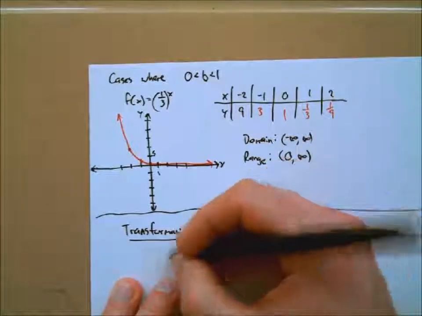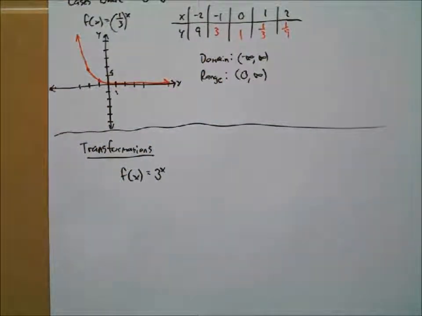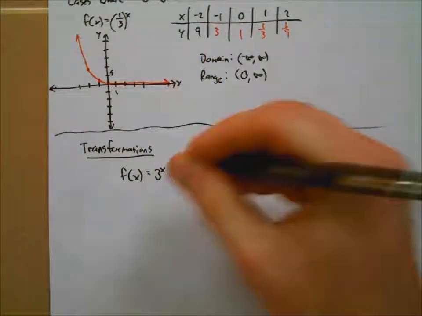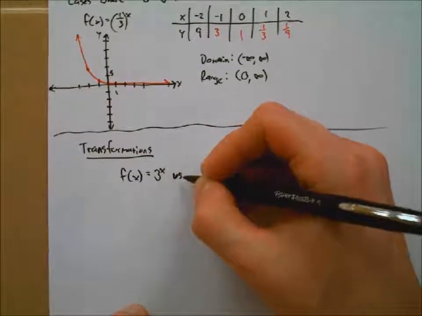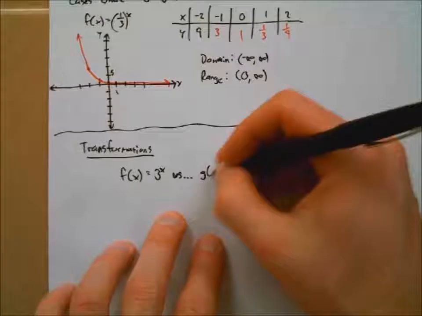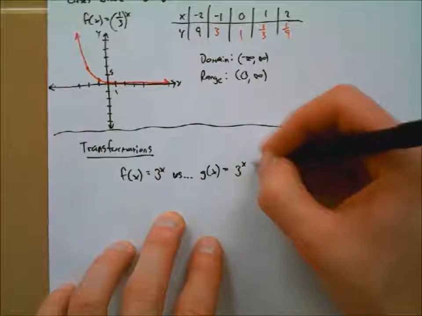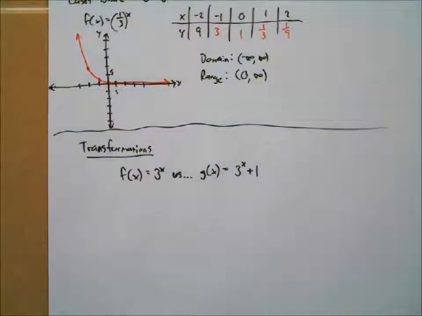So let's take f of x equal to 3 to the x. Forgive me for overusing this 3 to the x again, but why not, since that's what we just talked about. If we see something like g of x equals 3 to the x plus 1, what kind of transformation will we expect from this?